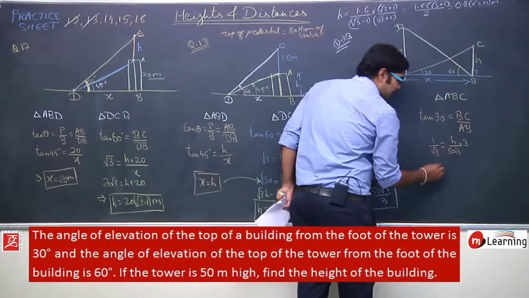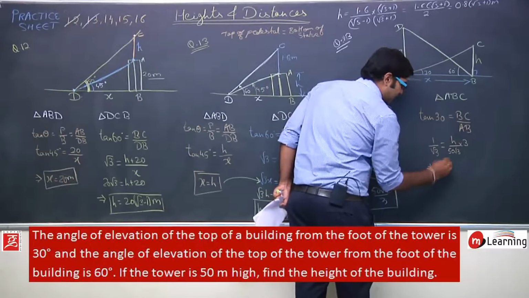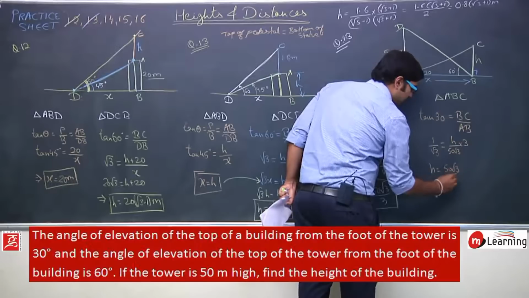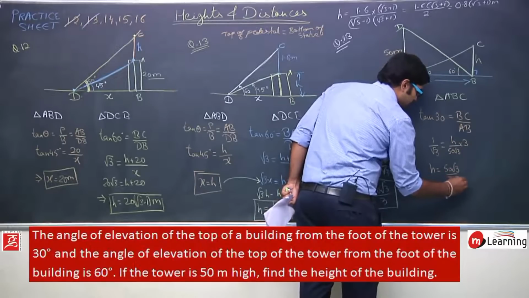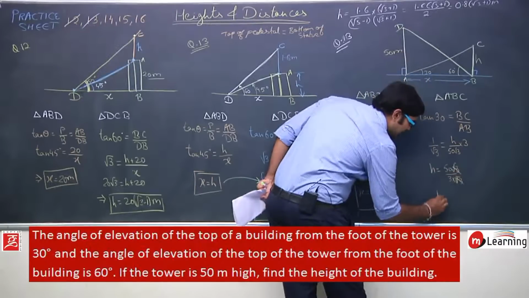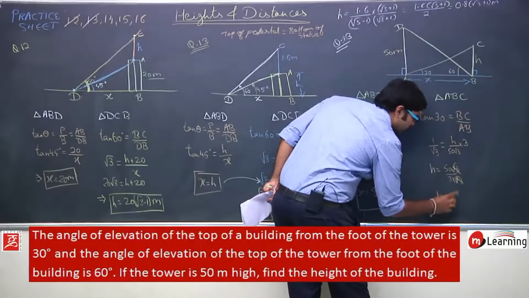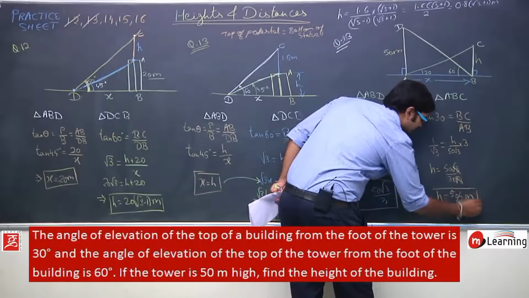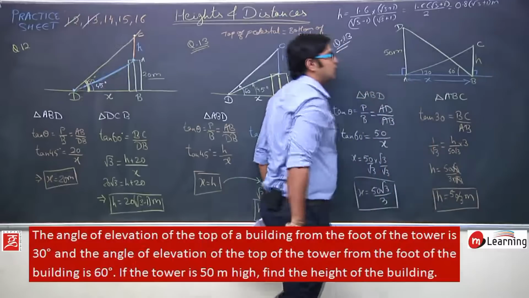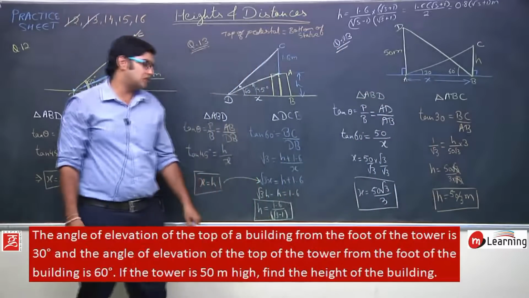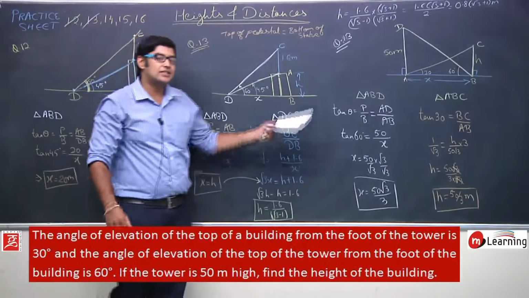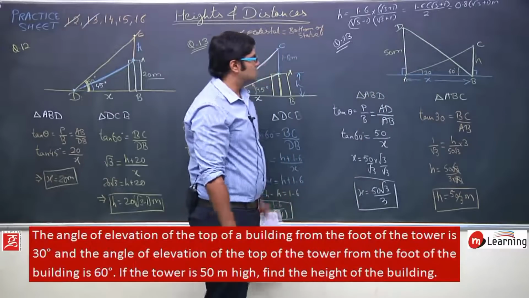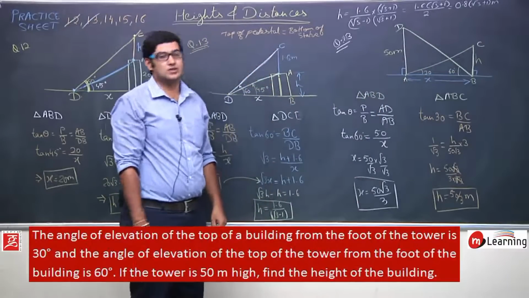Then H equals 50 root 3 upon 3 into root 3. Root 3 gets cancelled, and you get H equals 50 by 3 meters, which represents the height of the building.